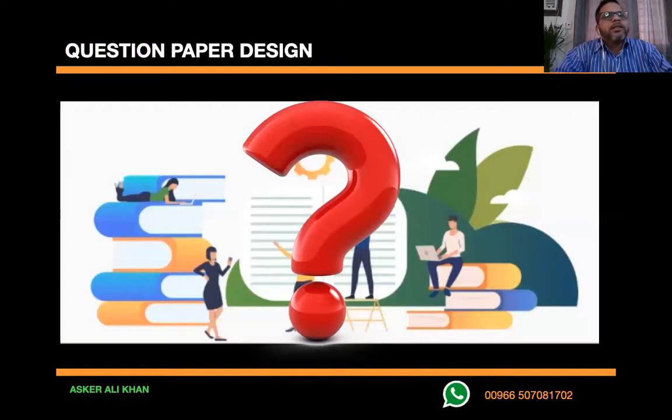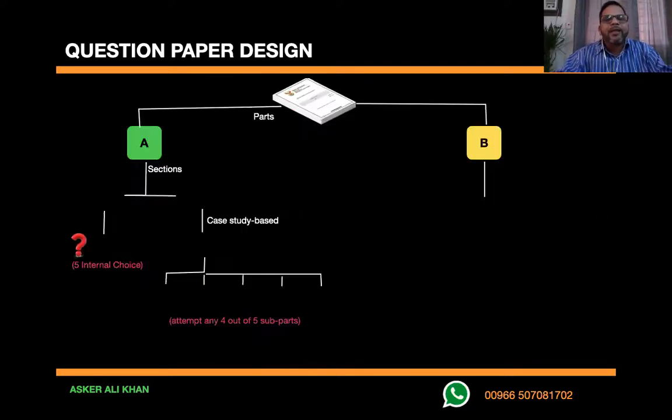Now, how is the question paper designed? When you go to write the CBSE exam for this new syllabus, your question paper has 2 parts, part A and part B. Part A is divided further into 2 sections, section 1 and section 2.